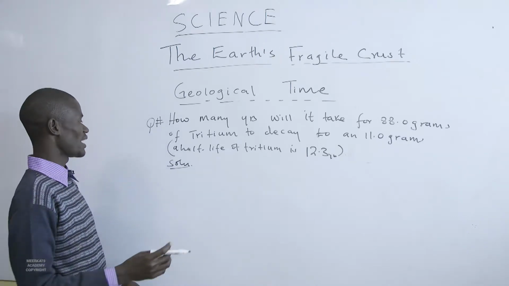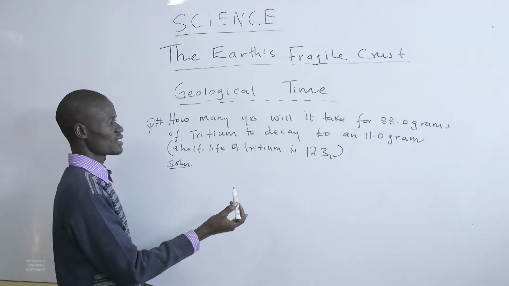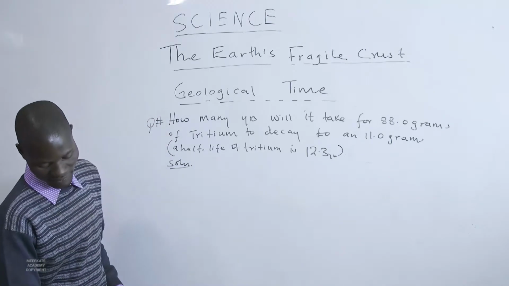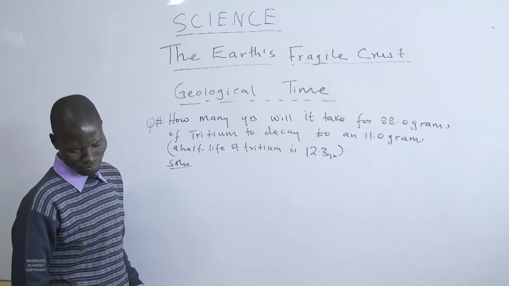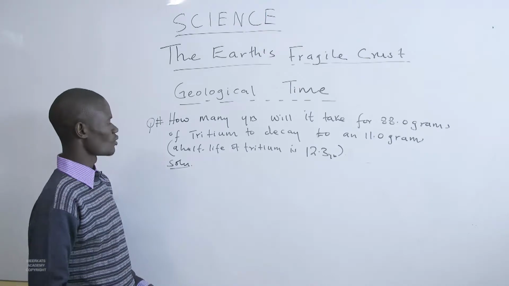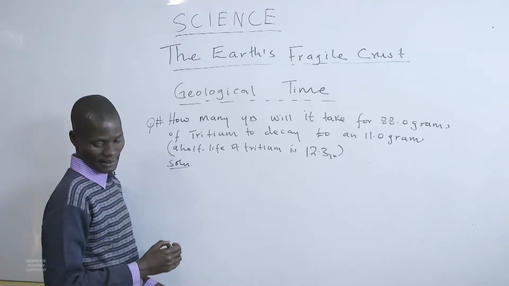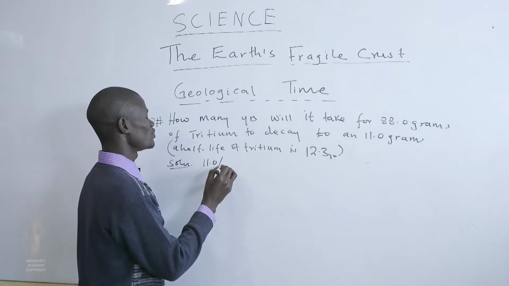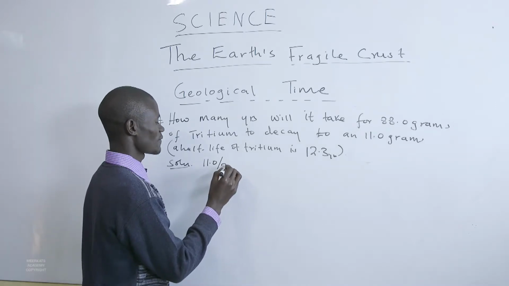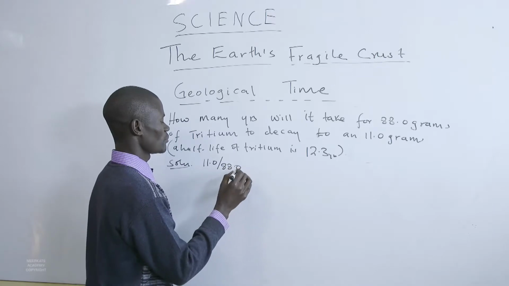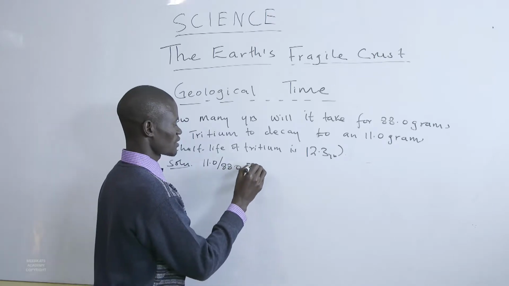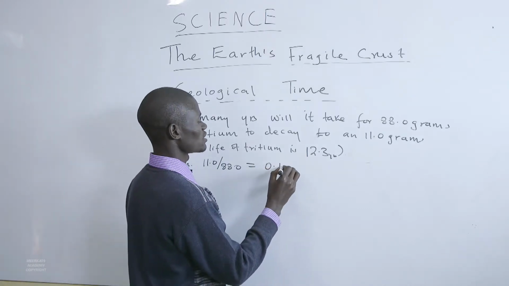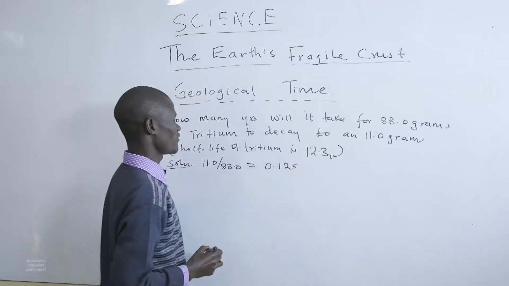First of all, we take 11 grams and divide it by 88.0 grams, and then we equate it with 0.125.